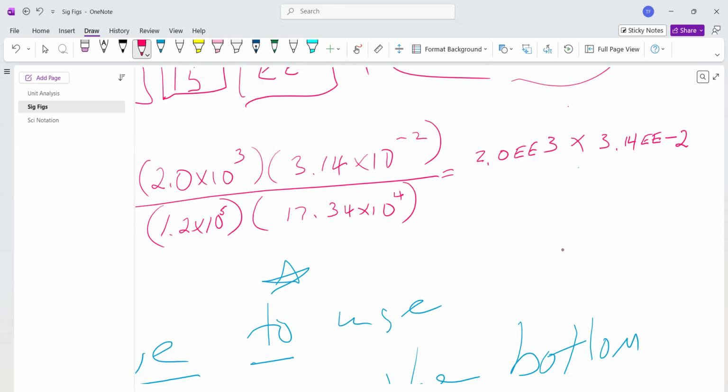Most of the time, it's on the bottom, where the subtraction is on the right side. So, and then I'm going to hit the divide key, 1.2 EE 5. Divide key again, because it's on the bottom, 17.34 EE 4. Enter.